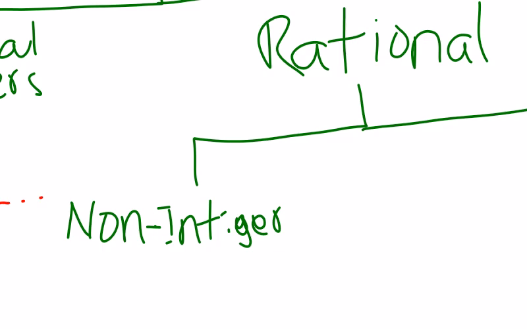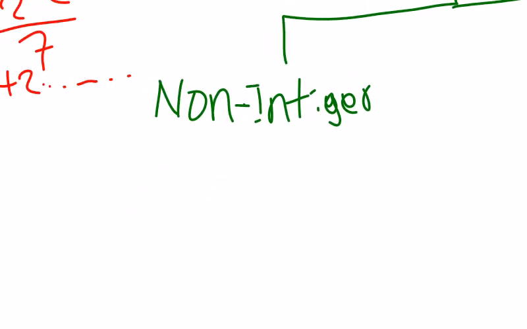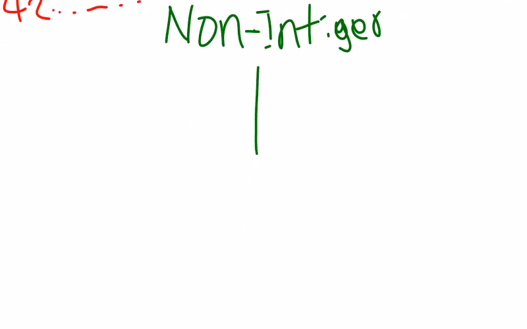That is something that is not up to 1, something like 1 over 2, 1 over 3. All the numbers under non-integers are fractions.